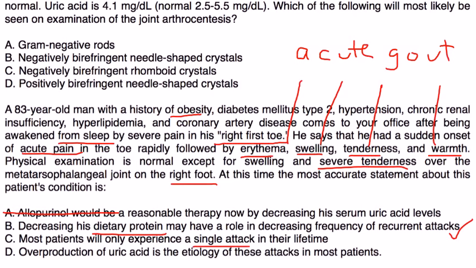That's not true. Most patients actually will have recurrences of gout in their lifetime, so it's not C. Overproduction of uric acid is the etiology of these attacks in most patients. Actually, that's not true because the most common etiology is undersecretors. So, by process of elimination, it would be B.